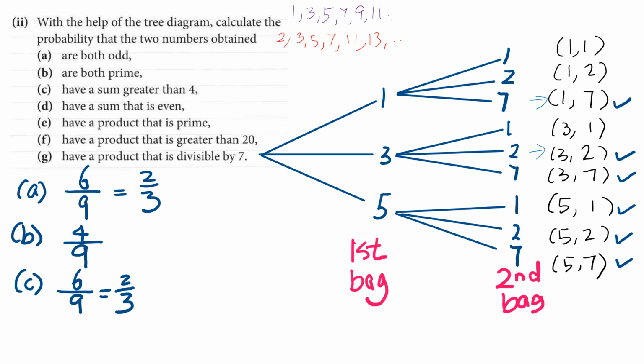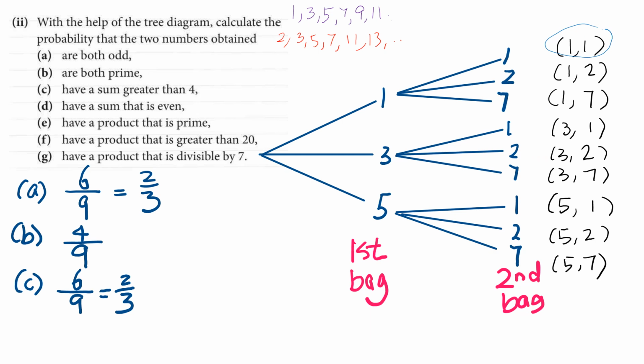Alright, so the next one is we want a sum that is even. Even means you just take these 2 numbers and add up to get an even number. So this is one possibility that will give you an even number.